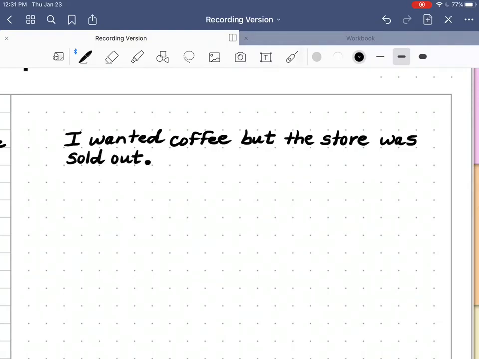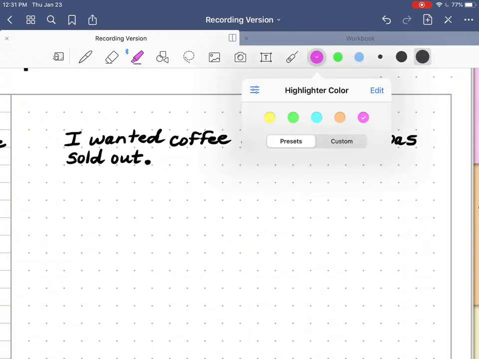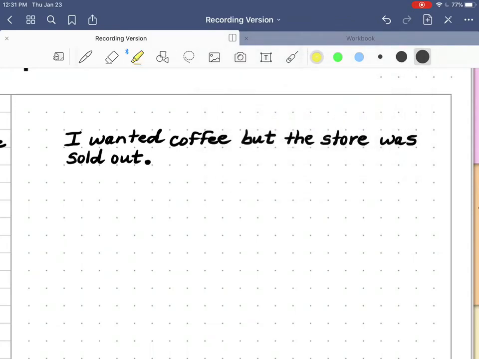Stop. Full stop. This is a statement, so we're putting a period as our full stop. So let's break it down. Here's the first sentence. I wanted coffee. Here's the second sentence. The store was sold out.